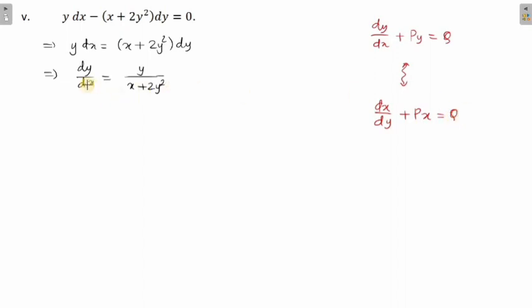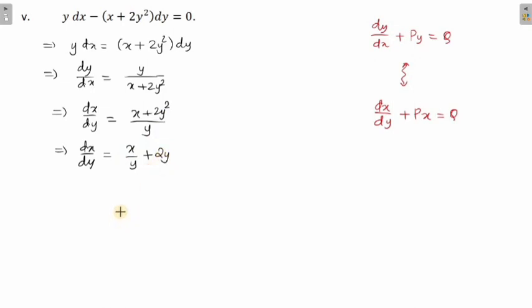Since dy by dx gives me this much, I'll be finding from here what is dx by dy. So dx by dy will be equals to (x plus 2y square) by y, isn't it? Now let's keep dx by dy out here only. So write this as x by y plus, this becomes 2y squared by y, which is 2y.